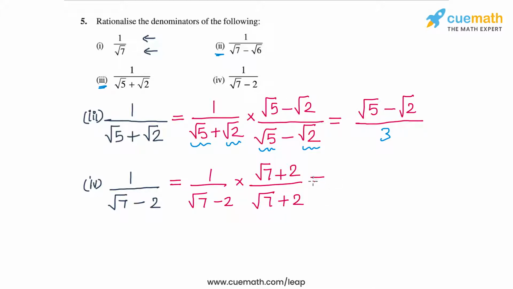So in the numerator we get root 7 plus 2. In the denominator we get root 7 minus 2 into root 7 plus 2. So that's root 7 square minus 2 square, or 7 minus 4, or 3. So we get 3 again. So this is what we get after rationalizing the denominator of the fourth expression. And with that, all the 4 parts of this question are completed.